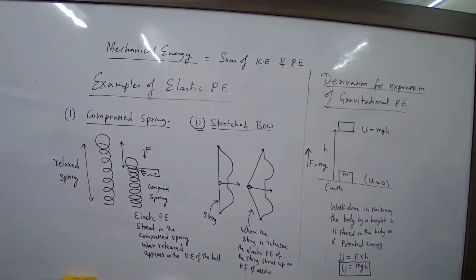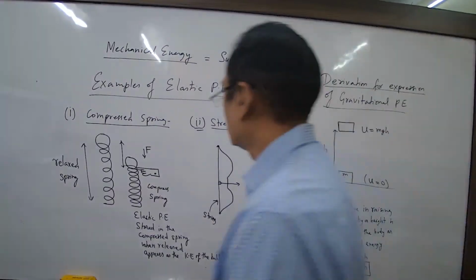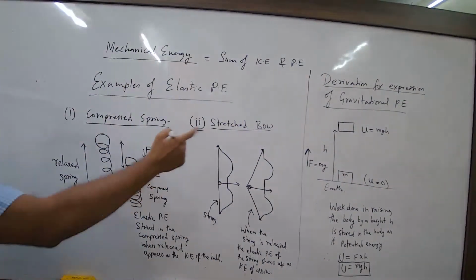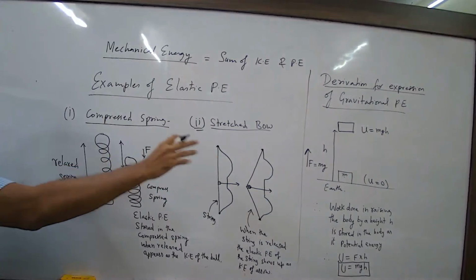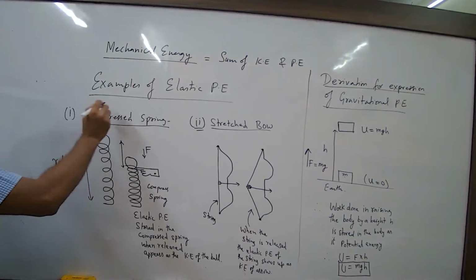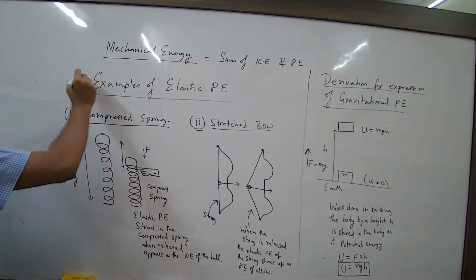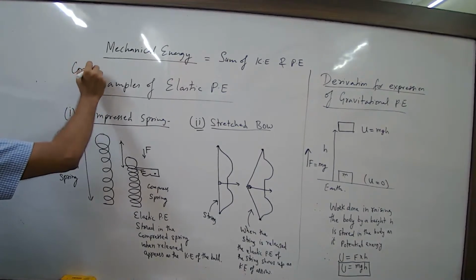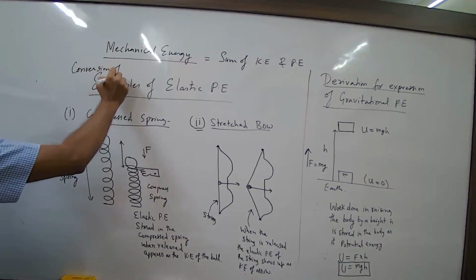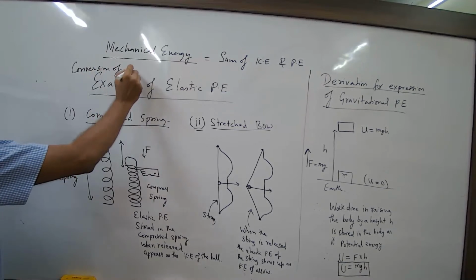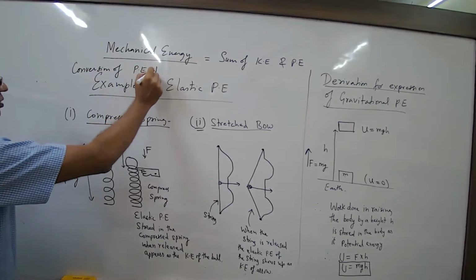I think I mixed up some topics here. After that I should have derived the expression for kinetic energy. But anyway, this is conversion of potential energy to kinetic energy.